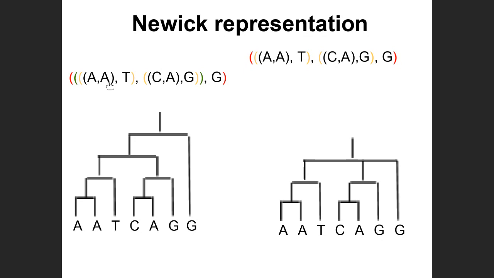The innermost parentheses are the two most closely related entities. Then you have this third one that joins in there, and then these guys here. You can compare this and see how the parentheses have produced this tree.